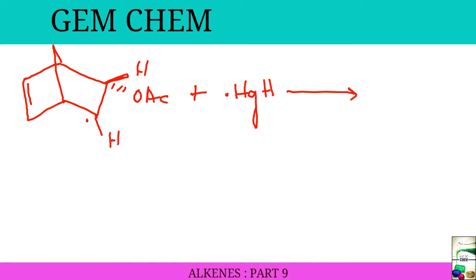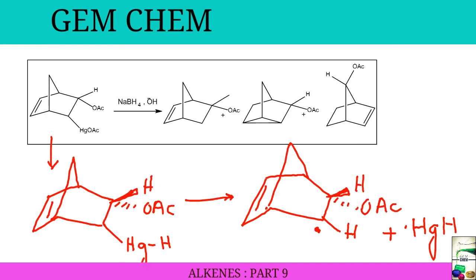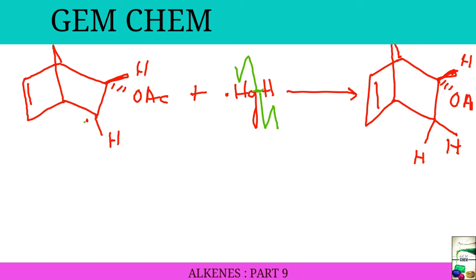This bond cleaves, that is, the bond present here is homolytically cleaved, and this hydrogen comes here. So now what happens? Ultimately the first product is obtained, that is here a hydrogen, another hydrogen, here is a bridge, and here H, and here is OAc. Now see, this product corresponds to this first product. Now we will go for the next one.